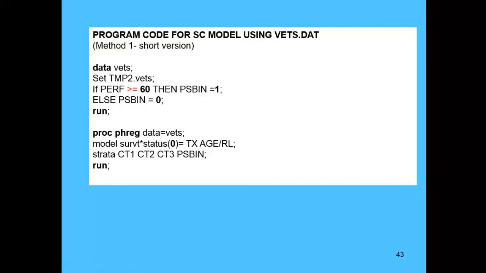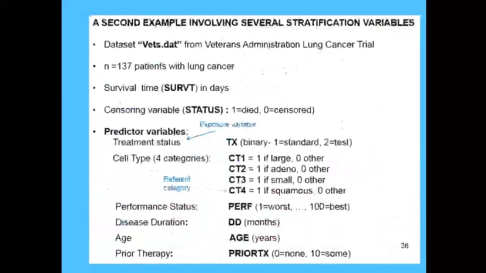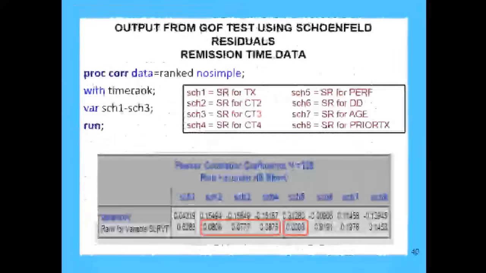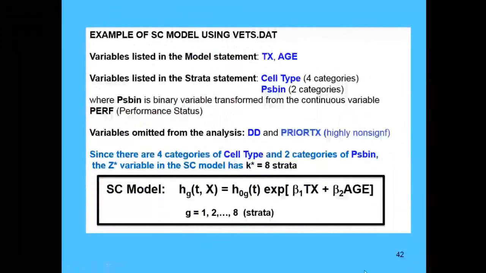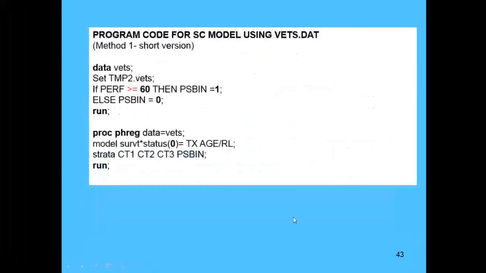It's putting treatment and age in the model, just like this model statement has treatment and age in the model. What is the strata statement doing? It's stratifying on cell type and performance status, right? Now, it's doing it one of 2 ways.